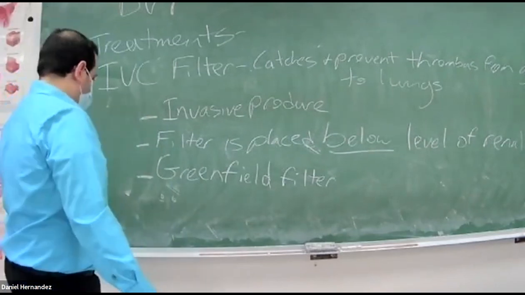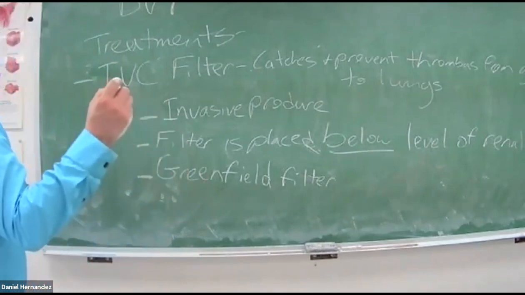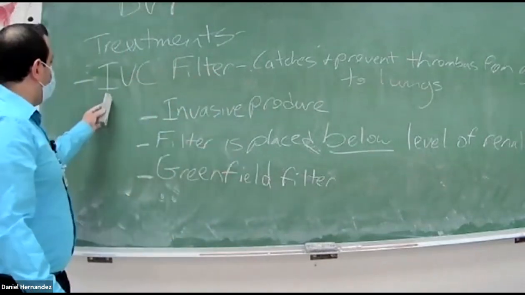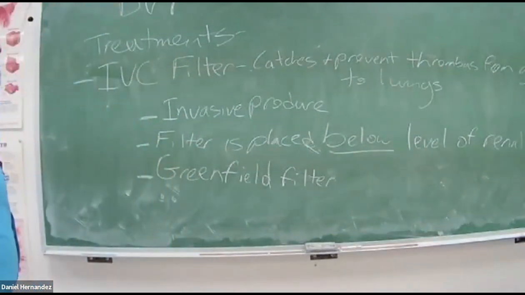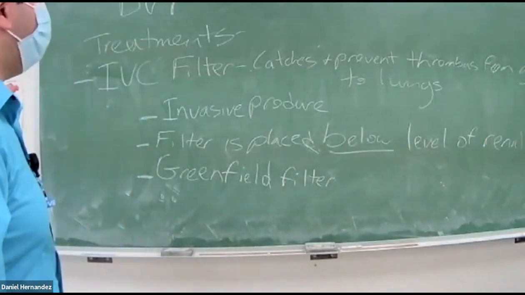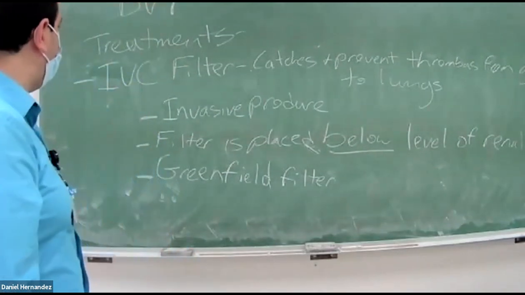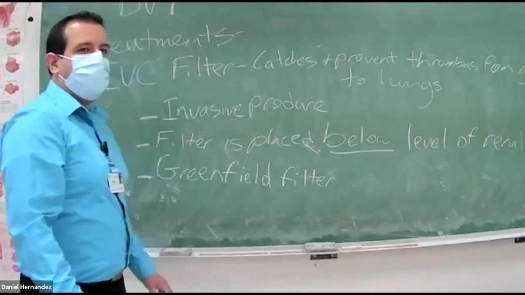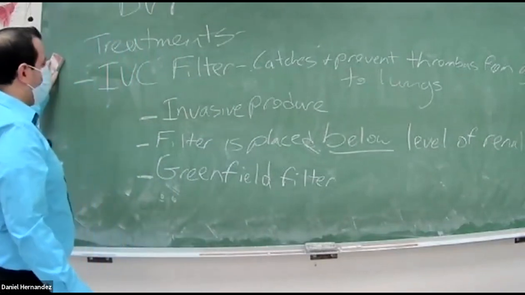So you may all of a sudden be doing an abdominal study, and this patient's had a history of DVT, maybe 10 years ago or whatever. They don't necessarily take these out unless they become an issue, if there's an issue with them either moving or potentially puncturing the vessel, or you wind up with a leak or something. But they typically stay within the patient once they place them. So you can potentially see this when you're doing an abdominal study.